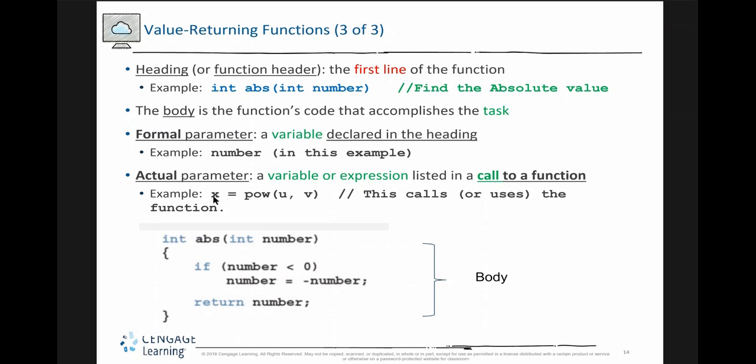So like here we have x equals pow(u, v). This is power, right? This is the base and exponent. We are calling this function by putting it in a statement like this. We're calling that function. And in this case, this is your actual parameter because it's being used in a call of a function. You're using the function.